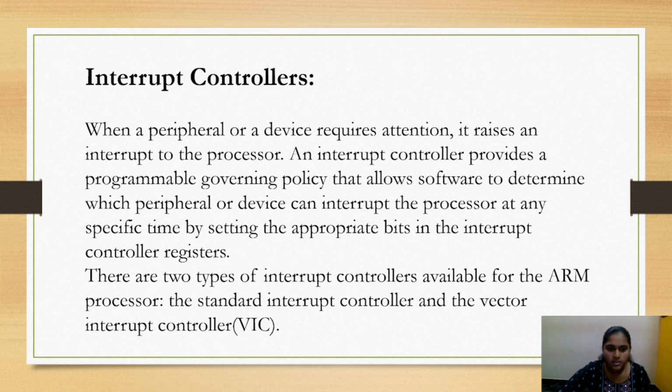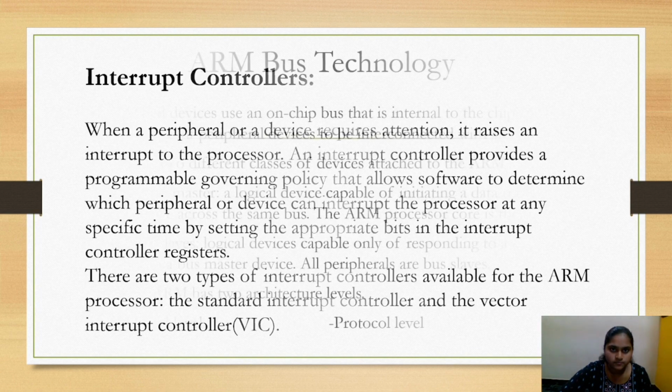The standard interrupt controller sends an interrupt signal to the processor core when an external device requests servicing. It can be programmed to ignore or mask an individual device or set of devices. The vectored interrupt controller is more powerful than the standard interrupt controller because it prioritizes interrupts.